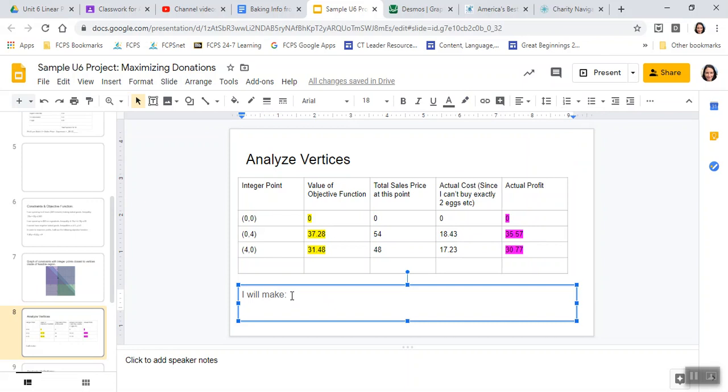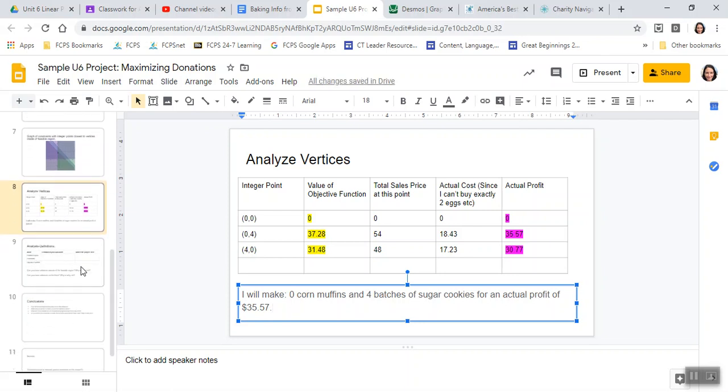So I will make 0 of x, which was corn muffins, and I'll make 4 batches of sugar cookies for an actual profit of $35.57.